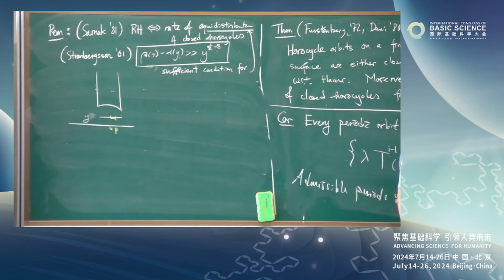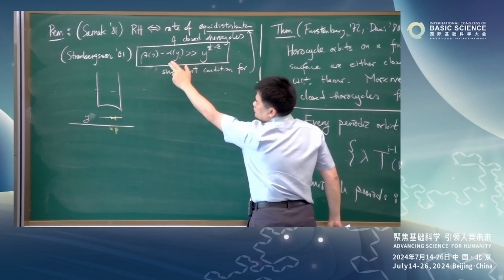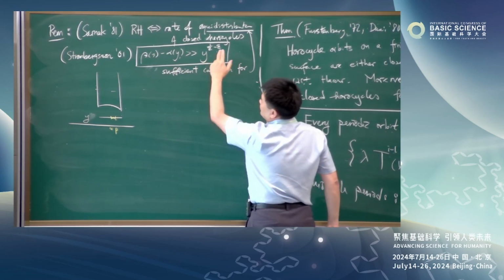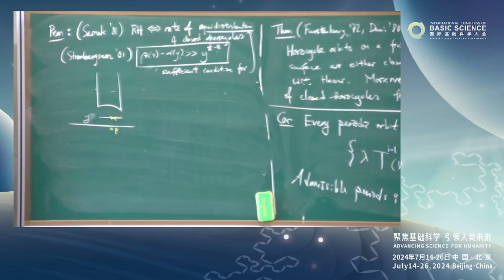However, this is not a rate condition, and nobody has tried to relate this fact here to maybe the rate of equidistribution. I asked Strombergsson, and he doesn't know anyone trying to do that, which is surprising.